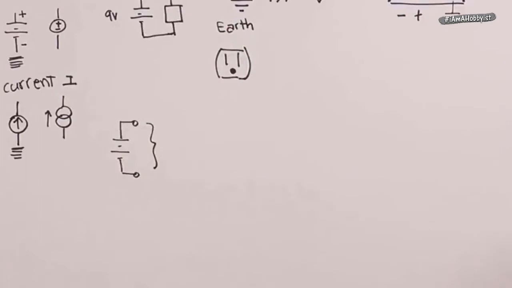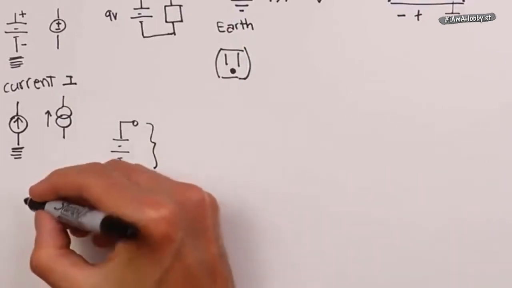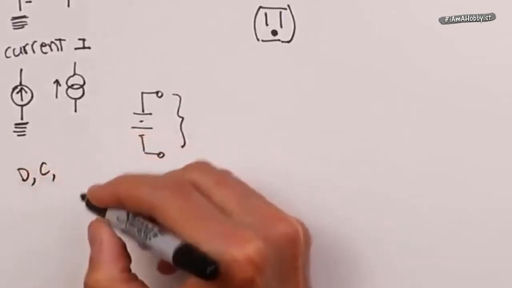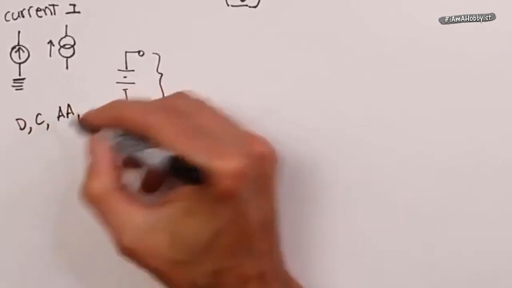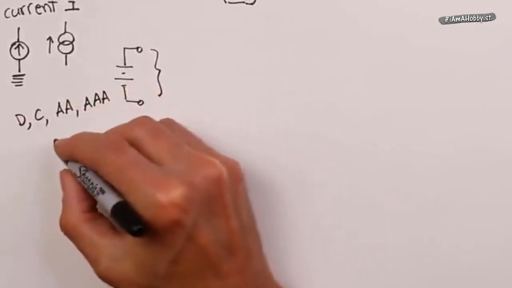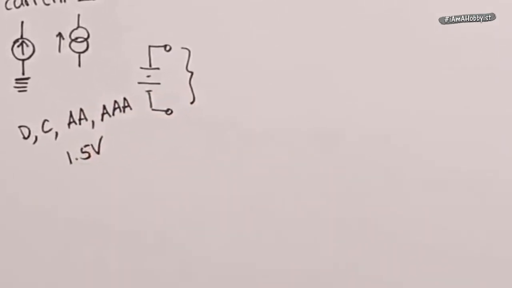But real batteries don't do that. For example, consider the fact that we have D cells, C cells, AA cells, and AAA cells. All four of those are 1.5 volt batteries. They all produce 1.5 volts.